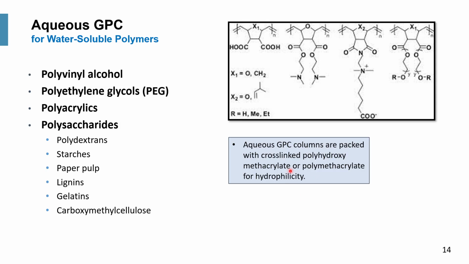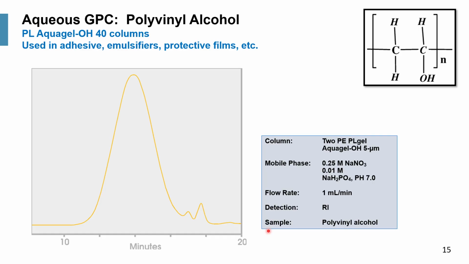So use a different set of columns, obviously, and use an aqueous buffer in the mobile phase. Shown here is an assay of aqueous GPC of polyvinyl alcohol using this set of Aquagel columns from Polymer Laboratories.